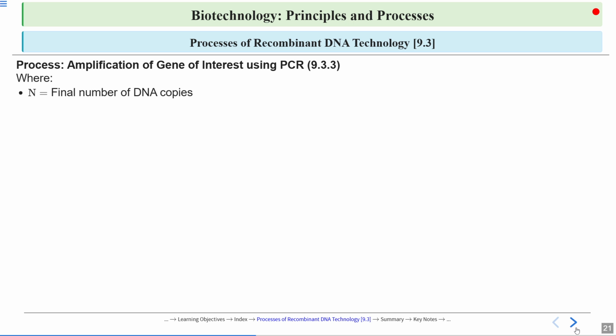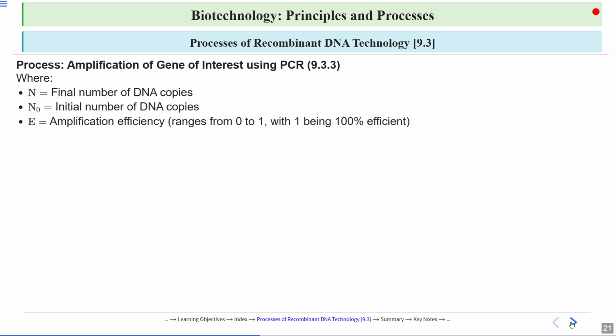As I said, N represents the final number of DNA copies that we're going to get after PCR, and N naught represents the initial number of DNA copies. E represents the amplification efficiency, which ranges from 0 to 1, with 1 being 100% efficient and 0 being 0% efficient. n represents the number of PCR cycles.